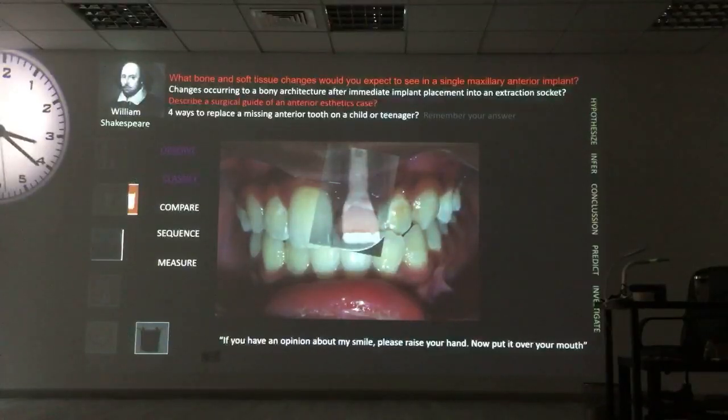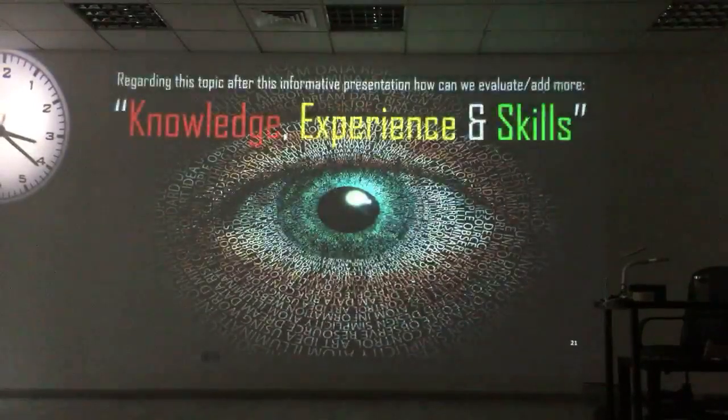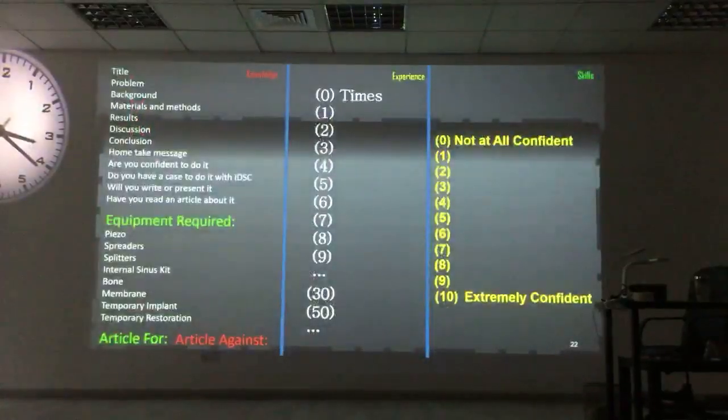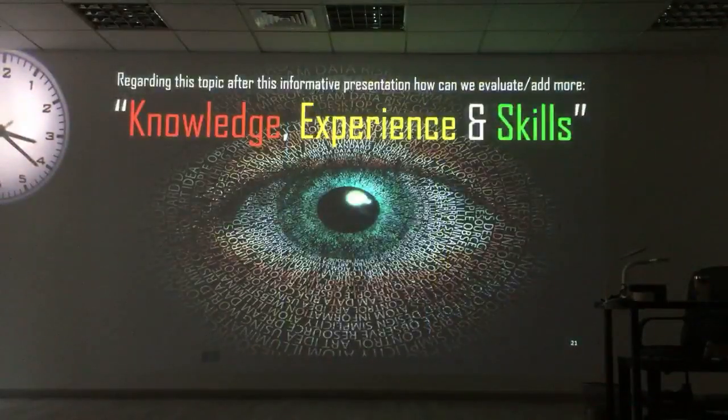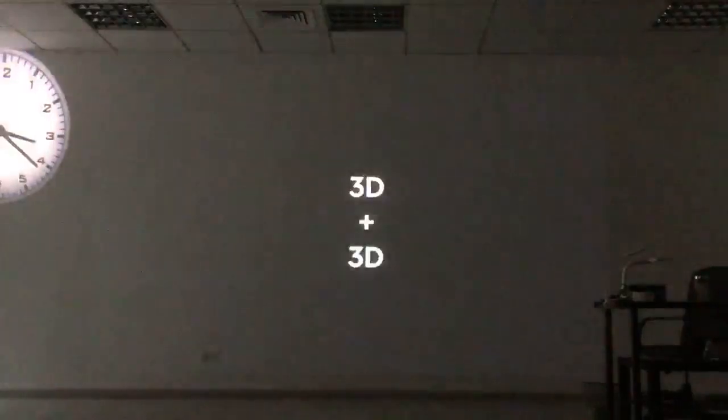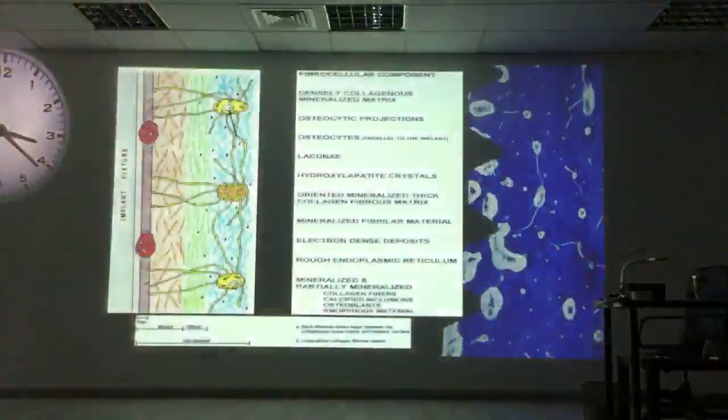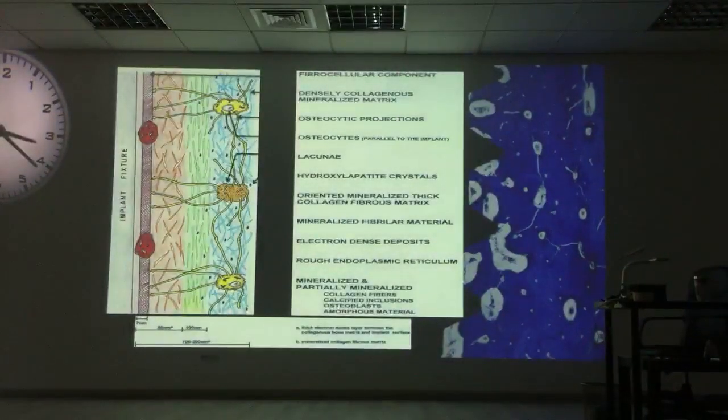If you get a chance, go and read it, it will be interesting. Now, to evaluate your knowledge, experience, and skills, there is a way we could do that, and we'll come back to this. Let us go over the questions first.